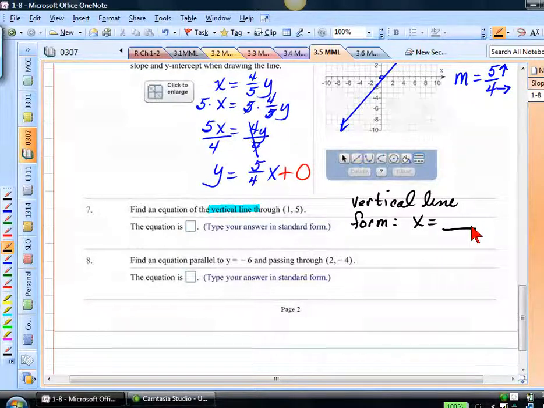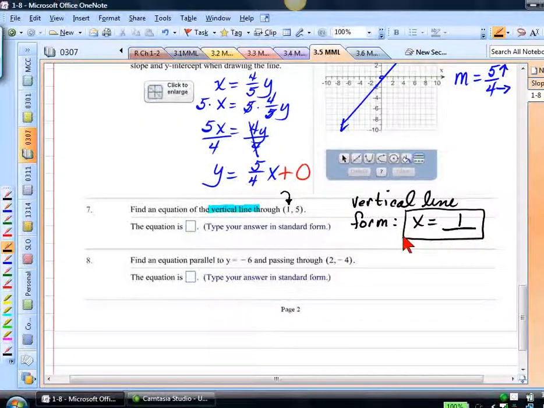All right, x equals a number. Every point on the vertical line has the same x. Well, look at the point that's given. What is its x? 1. All you have to do is copy it down. x equals 1. Our line is vertical. That was given to us.